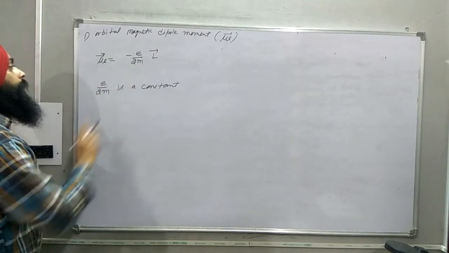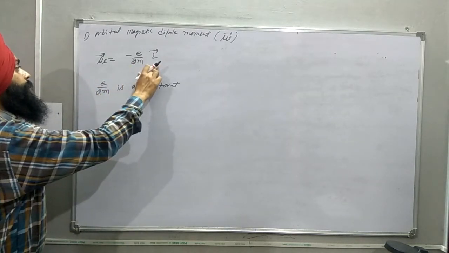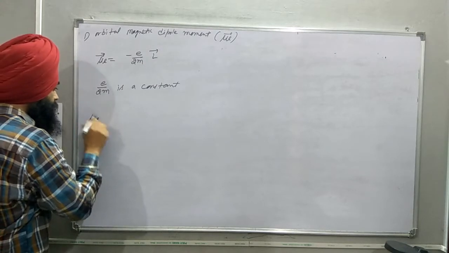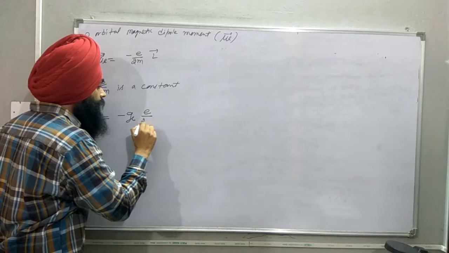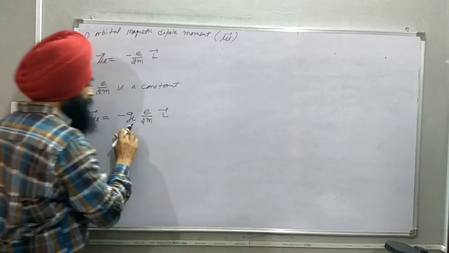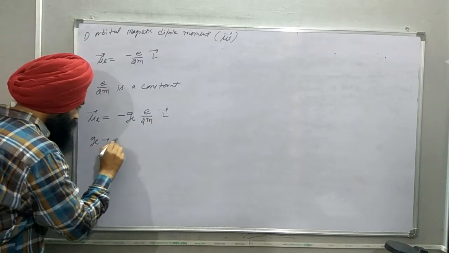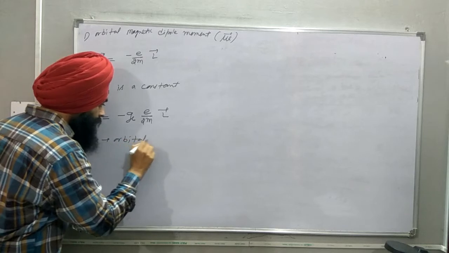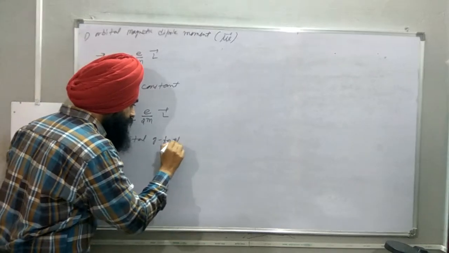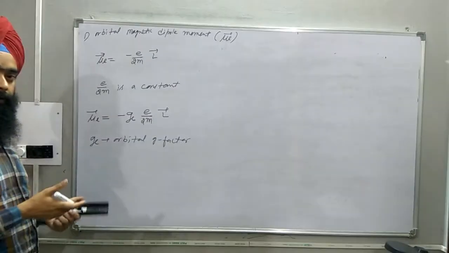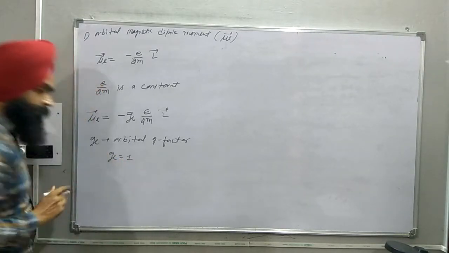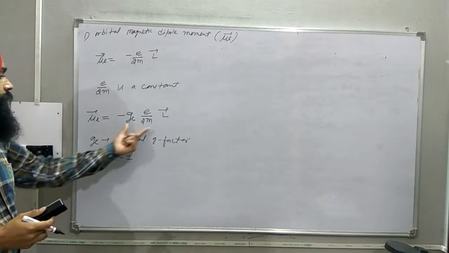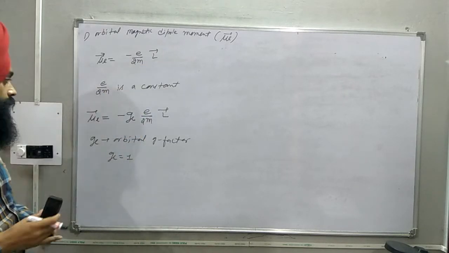So if I completely write the expression, we have to further add an element. This gL is called the orbital g factor. It comes from experiments that the value of gL is 1. So there is no difference between this and this expression.